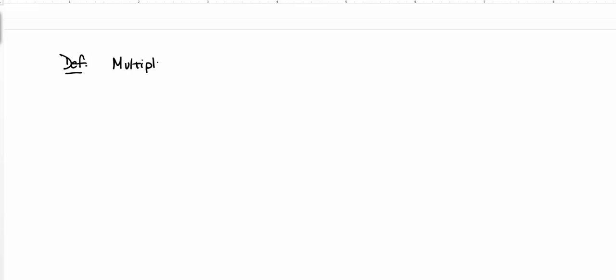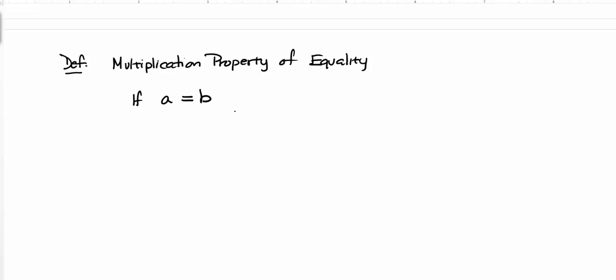So I have the multiplication property of equality. If I have two quantities that are equal, if A equals B, and then I multiply both sides by the same number C, the equality still exists.